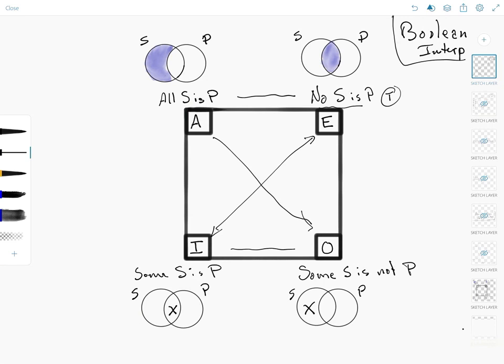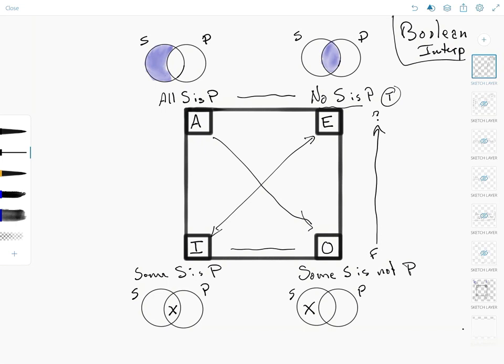So the only thing left now to consider is superimplication, which goes up. And the only thing to consider there is, if one of the particulars is false, can we assert that it has to be false that we have no S's?